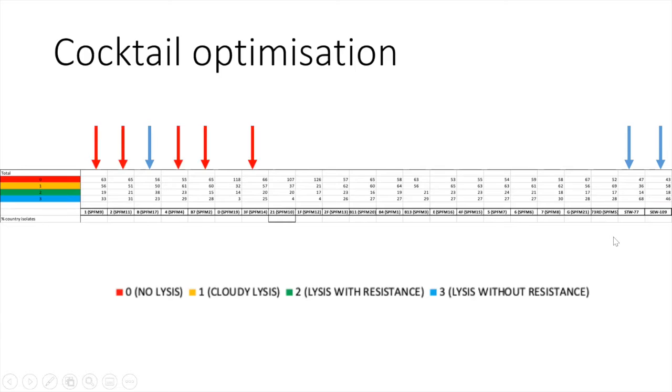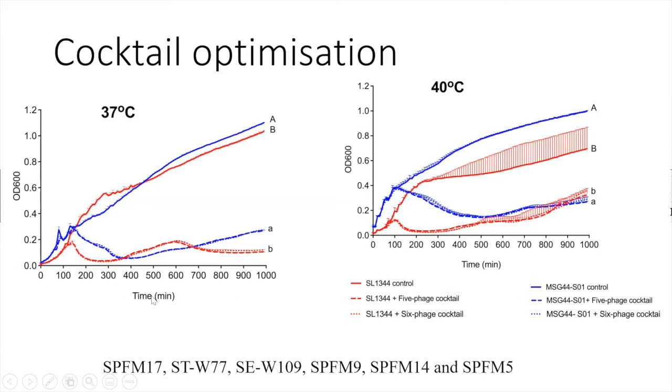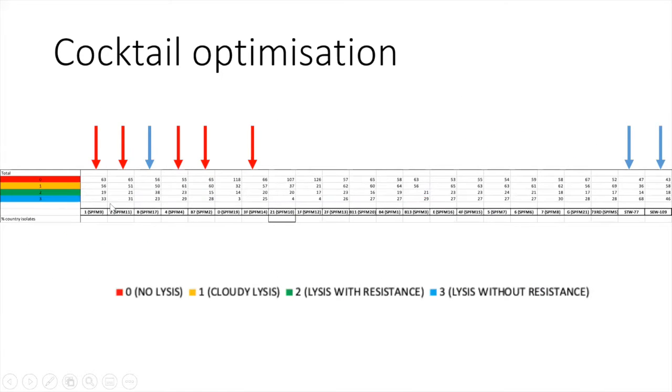And then in addition to that, we looked at those with higher host range coverage as well. In this case, we looked at phage 1, phage 2, phage 4, and phages B7 and 3F. So we added these extra phages to the first 3 phages because we wanted to build the cocktail and look at the interaction.